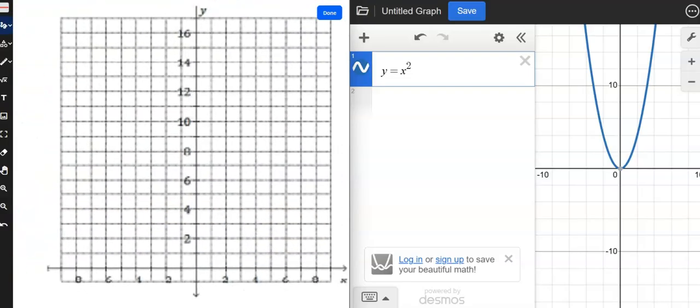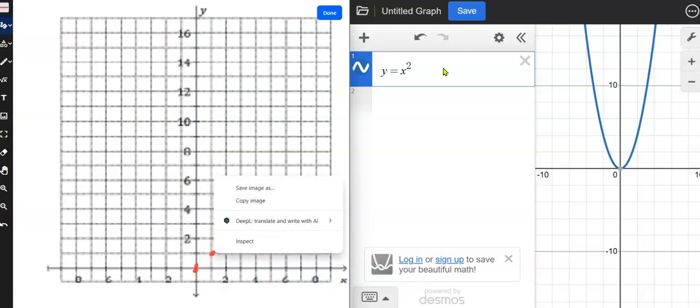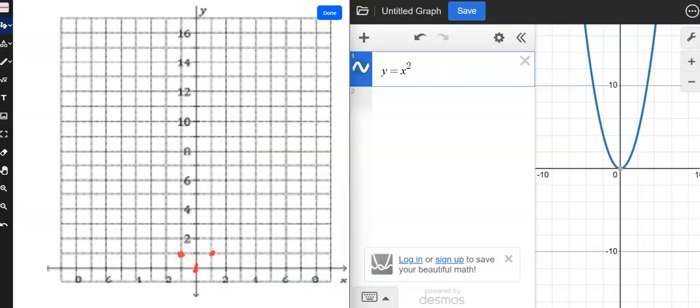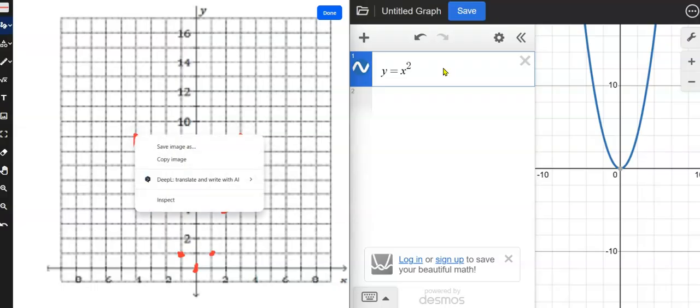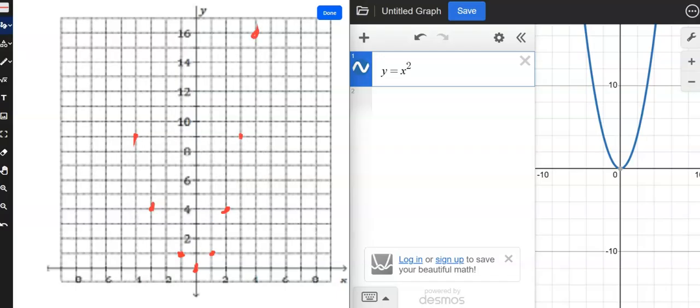Here, I'll zoom in to make sure I get a good graph. 0, 0, 1, 1, 2, 4, 3, 9, 4, 16. Well, there's my picture. Not my greatest parabolic drawing. Whew, man, sketchy.